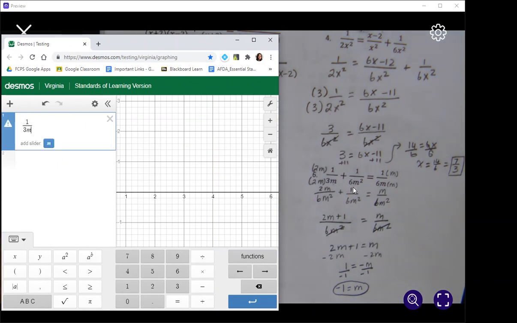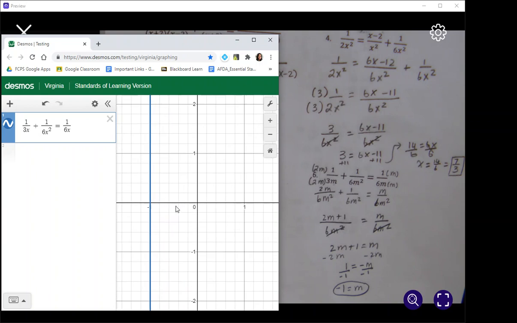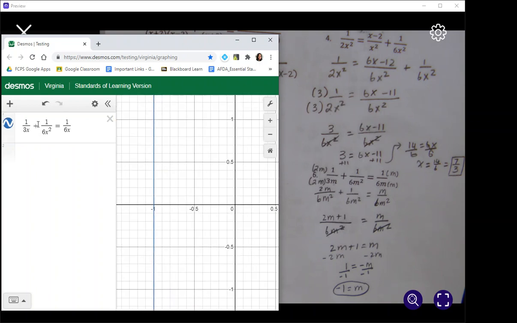So you have 1 over 3x plus 1 over 6x squared equals 1 over 6x. Okay, so we were saying m is equal to negative 1. And yes, it is. M is equal to negative 1.